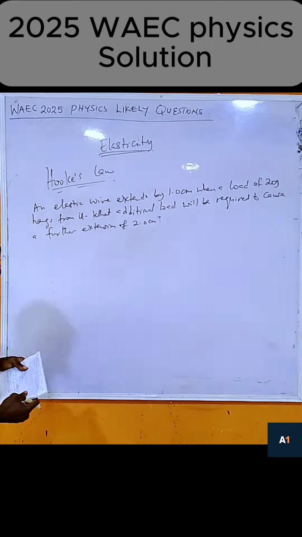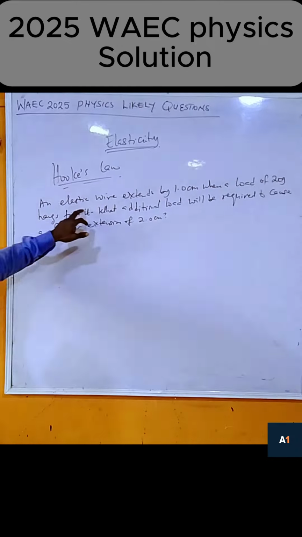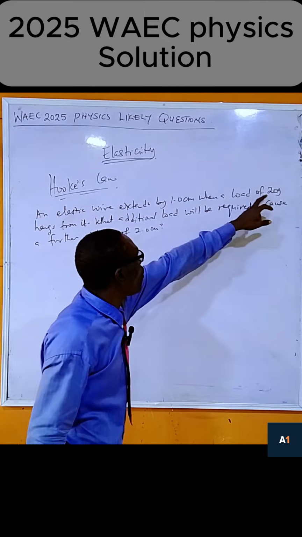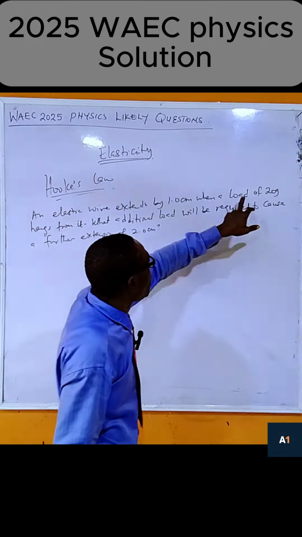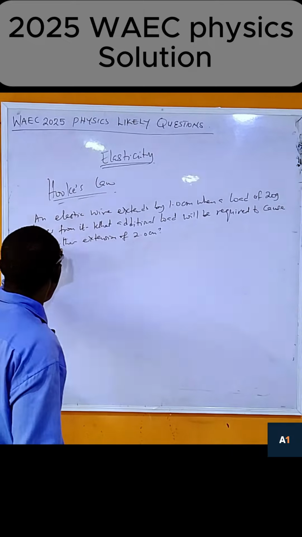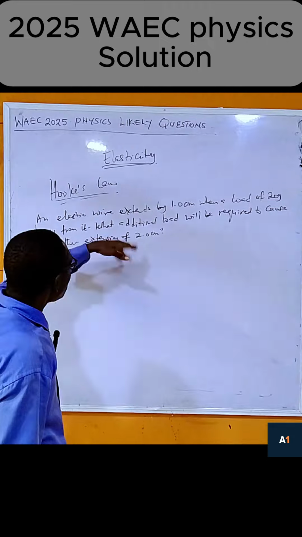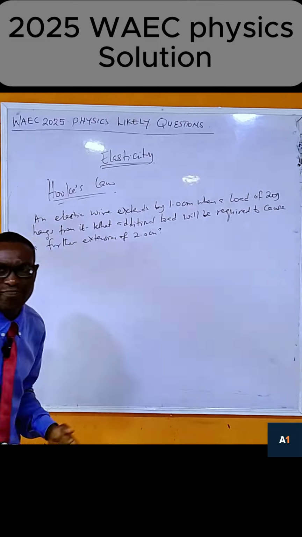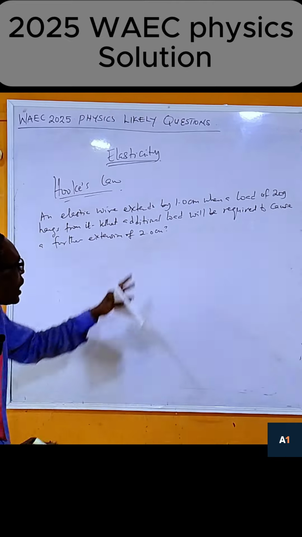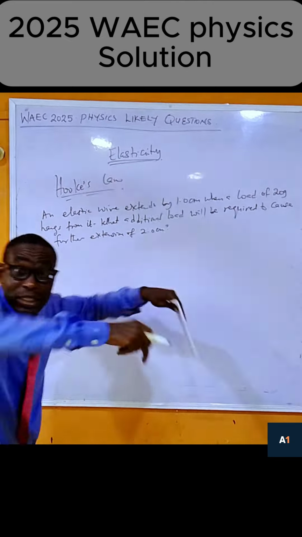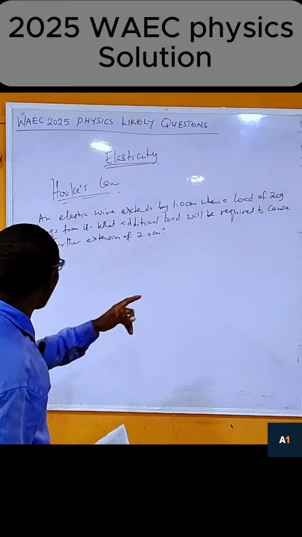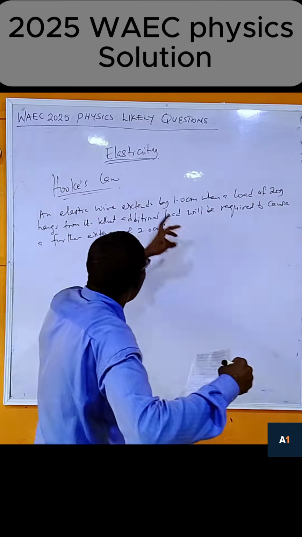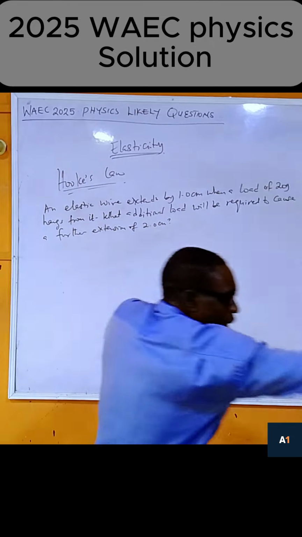The wire extends by 1.0 centimeter with a load of 20 grams hanging from it. So what additional load will be required to cause a further extension, to extend further?